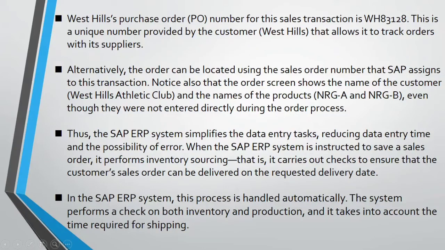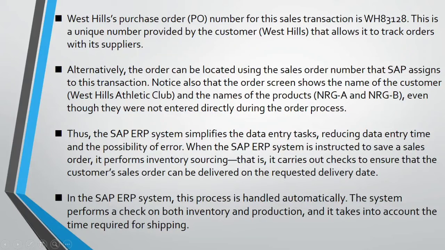This is a unique number provided by the customer, West Hills, that allows us to track orders with its supplier. So, if the customer has a question about an order, it will likely reference that purchase order number.